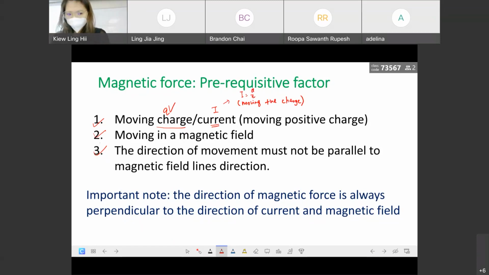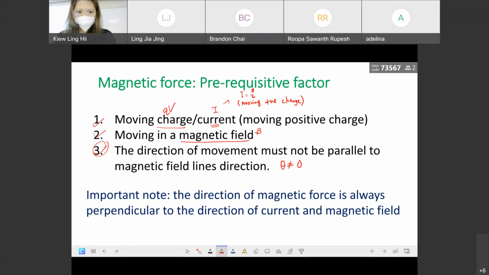The second one: where does the charge move? The charge must move within a region with a magnetic field. And the third one, the direction of movement must not be parallel to the magnetic field, meaning there is an angle, so the angle must not be equal to 0.